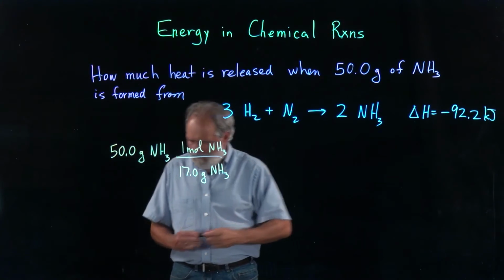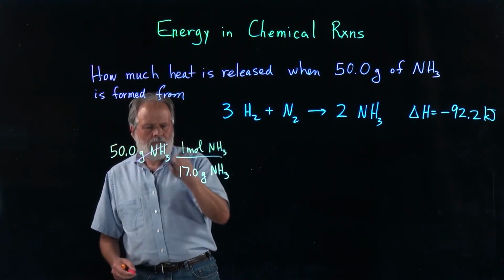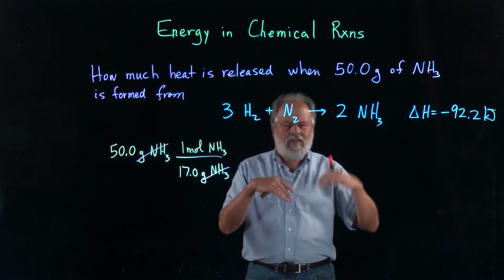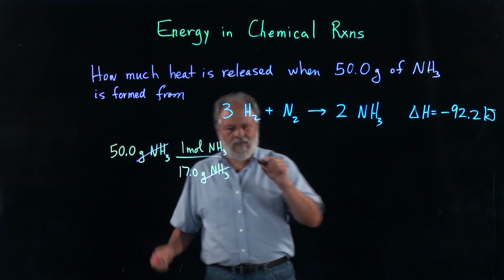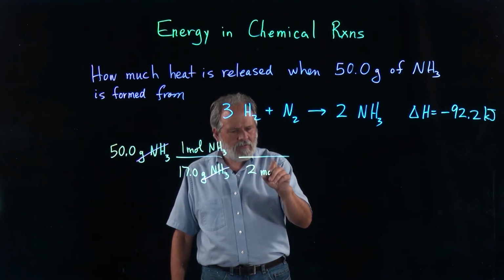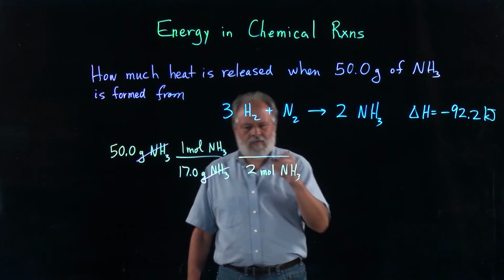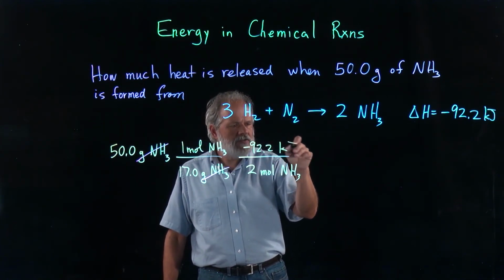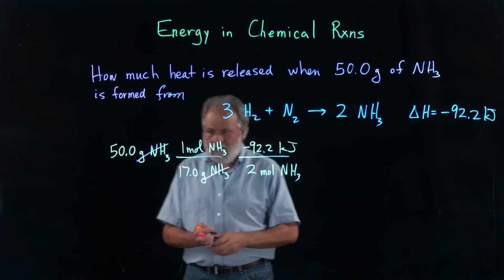Okay, so first step done. Now we need to relate the amount of ammonia in moles to the heat given off. And so that's going to be, from this reaction, 2 moles of ammonia is equivalent to minus 92.2 kilojoules of enthalpy change, or heat given off.